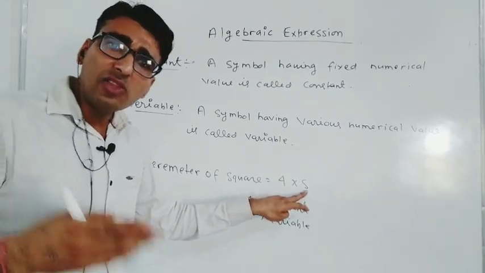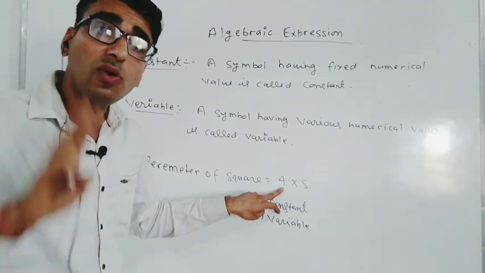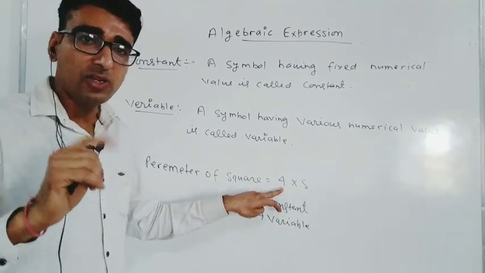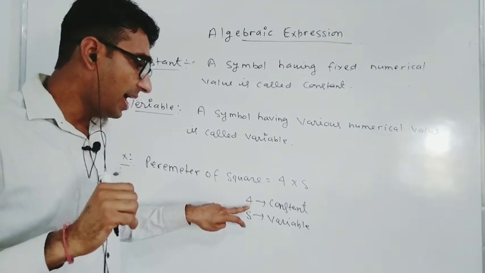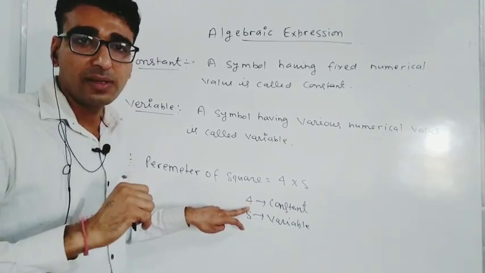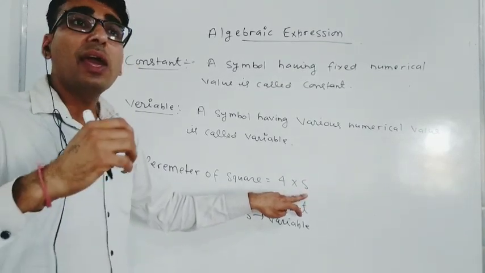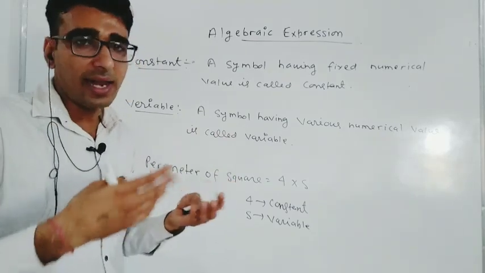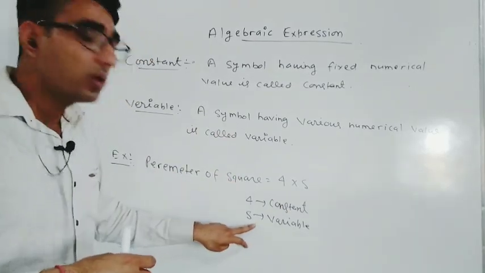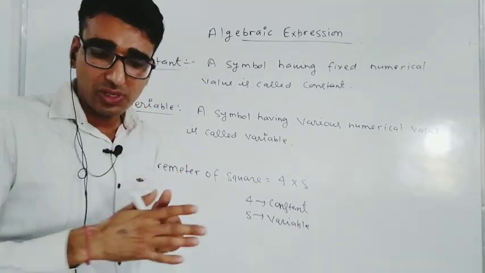So anytime you can change the side of the square, but you cannot change the value of 4. Right? So 4 is a fixed value. That is why it is called a constant. Whereas s means side, it is changing. You can change the side of the square anytime, so it is called the variable. I hope you will get this point.